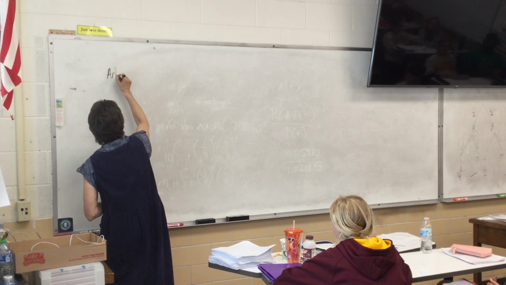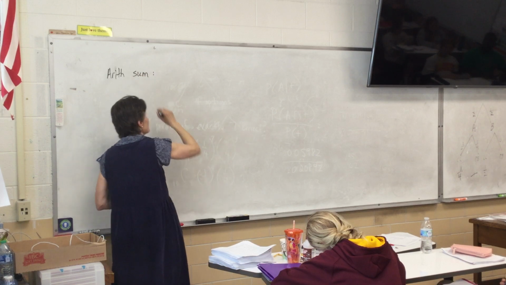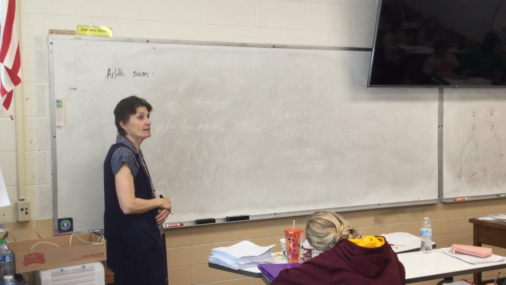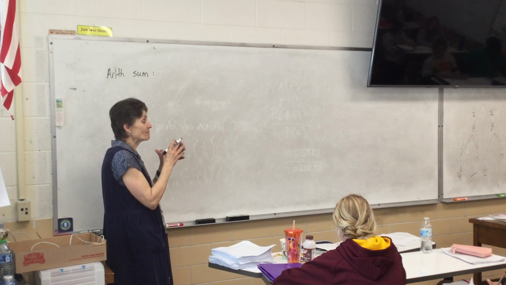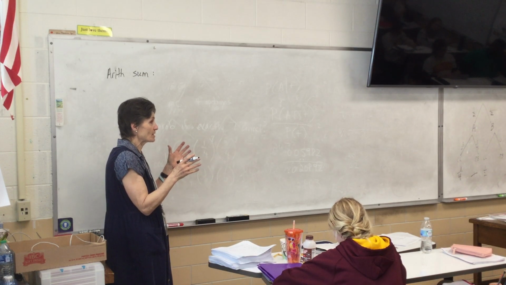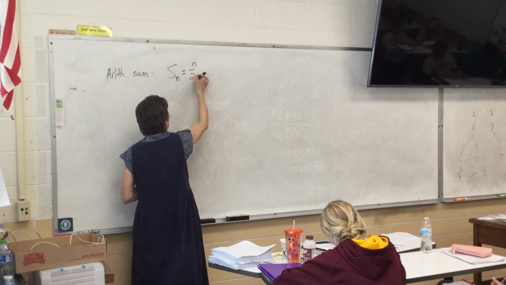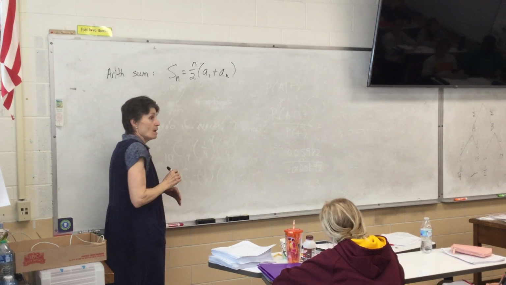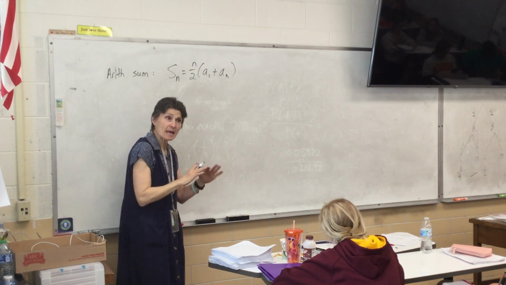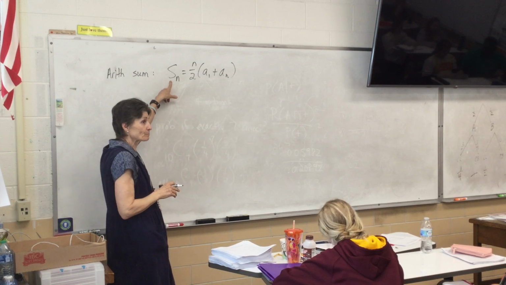So your arithmetic sum. What does arithmetic mean? You get from term to term by adding the same number. So if you have an arithmetic set of numbers and you want to add them up, your formula is this. All the letters mean the same as they have always meant. The S stands for sum.